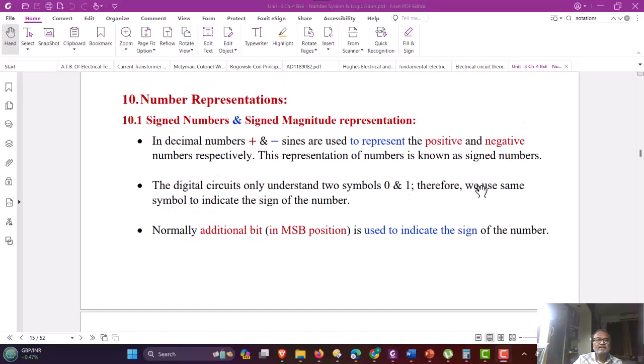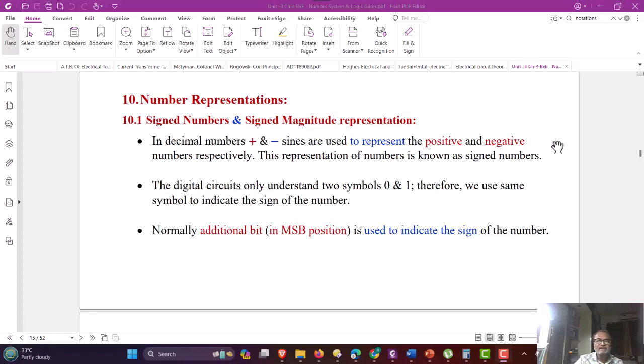The number representations used in the binary system are of two types: signed numbers and sign magnitude numbers. The signed numbers have a sign. In a signed decimal number, normally we use plus and minus signs to indicate positive and negative numbers.